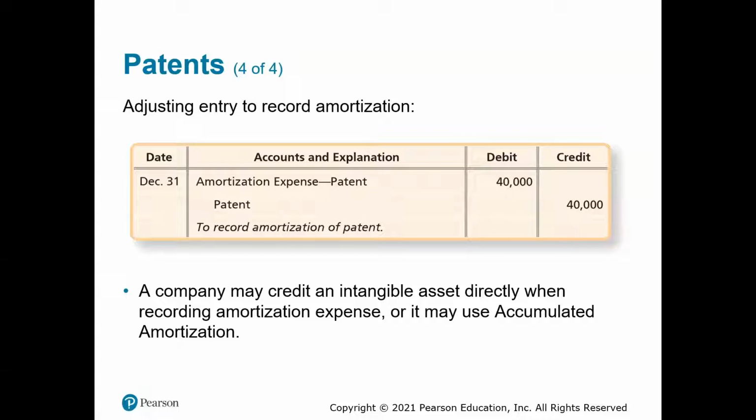Companies frequently choose to credit the asset account directly because the residual value is generally zero, and there is no physical asset to dispose of at the end of its useful life. So the asset essentially removes itself from the books through the process of amortization.